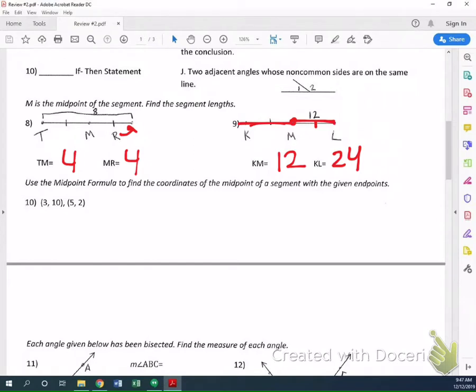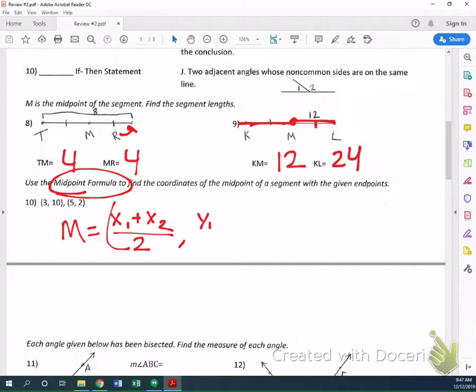All right, I would definitely put the midpoint formula on your note card. The midpoint formula is the average of the x's. So you add the x's, divide by 2. The average of the y's. So you add the y's and divide it by 2. So on this particular problem, the x's are the 3 and the 5.